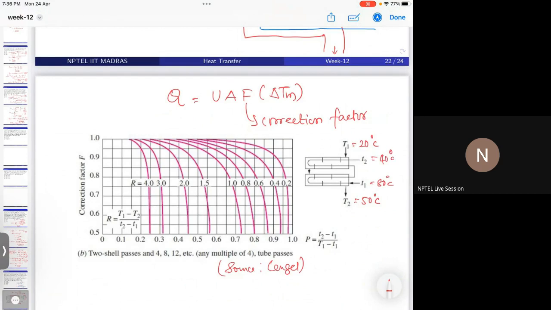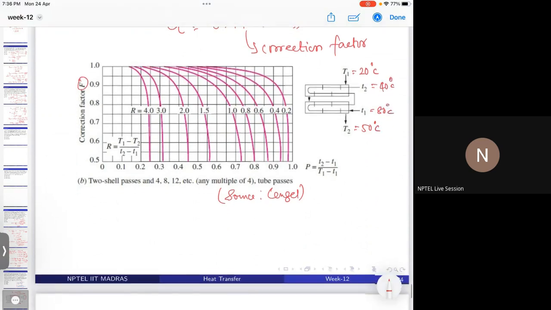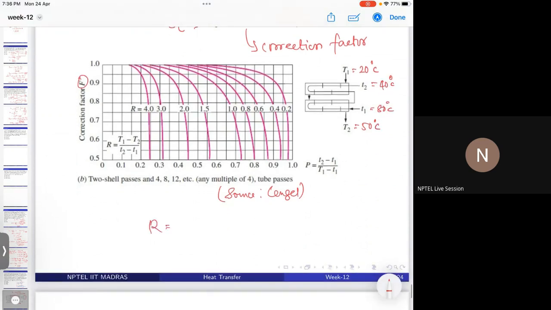So our objective is to find F. So what is R? (T1 minus T2) divided by (t2 minus t1). What is T1 here? 20 minus T2 50, and t2 is 40 minus 80. What is this answer? It is around 2 by 3, which is equal to 0.6667.